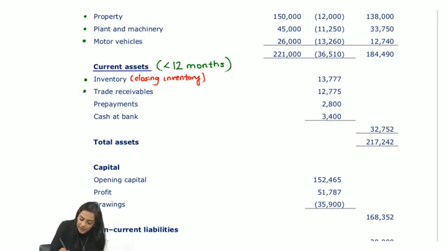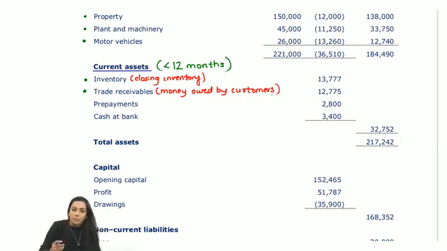You have trade receivables. This means money owed by customers. When you trade in something, it means you're buying and selling. But if it's a receivable, listen to the word, trade receivable, meaning you expect to receive some money from someone. So a trade receivable is an asset.